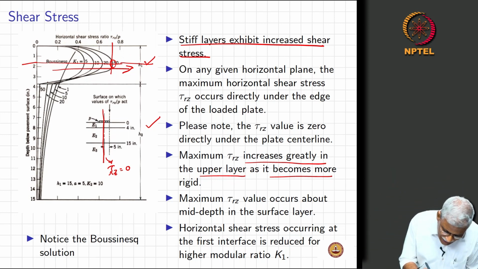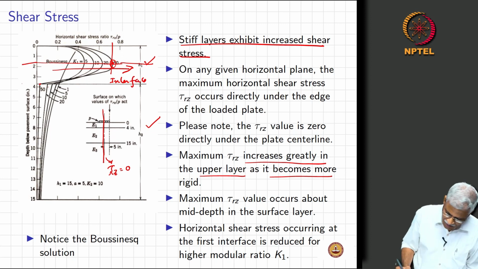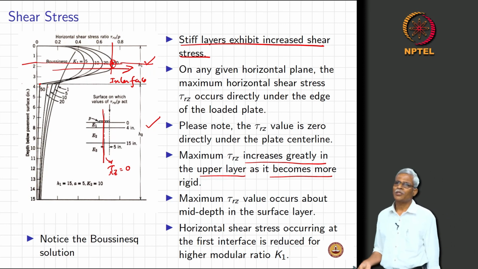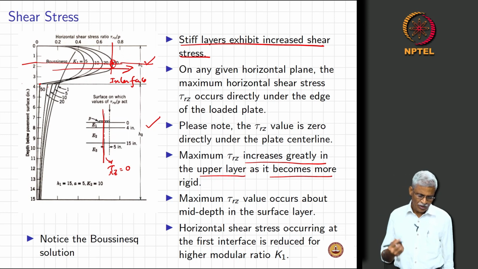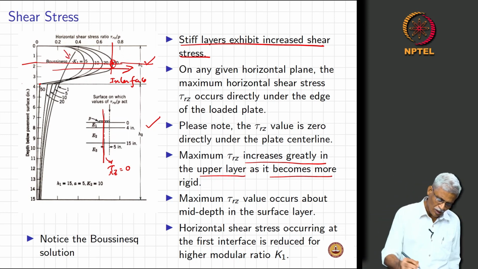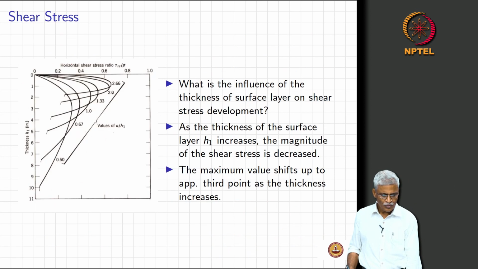But the interesting part is at the interface here, whatever was maximum actually becomes the minimum, okay. So, in fact when you do the simulations with KenPave or IIT-Pave, you will be able to see it, and you will also be able to see the Boussinesq solution, right.